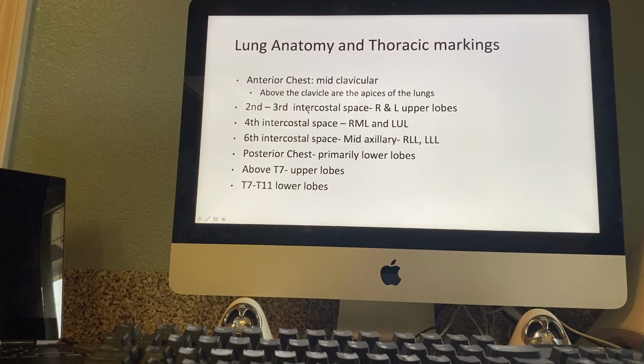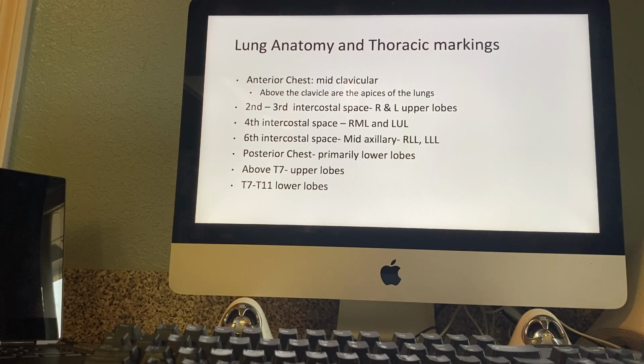Between your second and third intercostal space are your right upper and your left upper lobes. So when you're down 2 intercostal spaces, you can go down here to your sternum and count your intercostal spaces where they go on 2. So between your second and third intercostal spaces, you're still in both upper lobes of your lungs. And I have diagrams, so this is going to make more sense in just a minute.